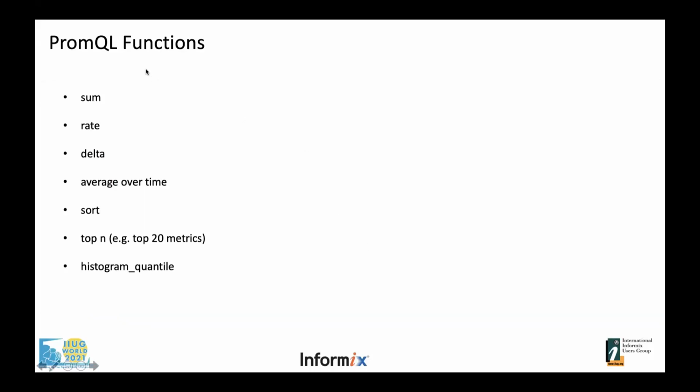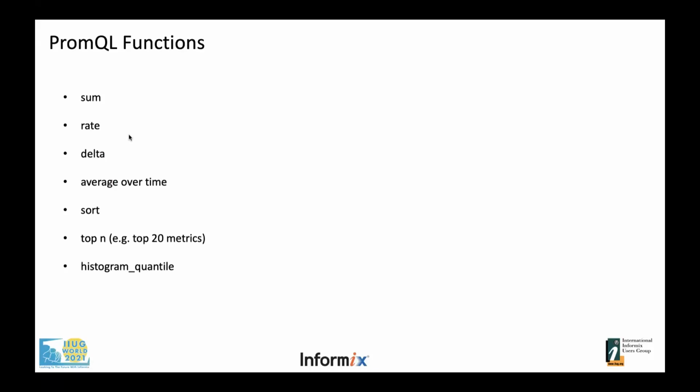So these are a few PromQL functions that are available. Some of your metrics, the rate of change, and then the delta between metrics, and you can even do an average over time, sort, and top n metrics, and then you can even plot histogram quantile.